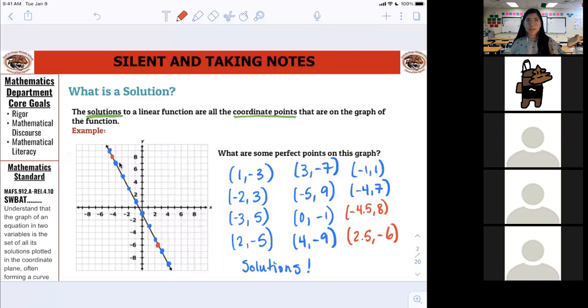Can anyone take a guess how many solutions are on this line? Infinite. Yeah, because if you move slightly, you would get another one. Exactly. All along this entire line, there's a bunch of tiny little dots all the way up and all the way down, and it goes on forever. So when you talk about what are the solutions, there's infinite solutions.